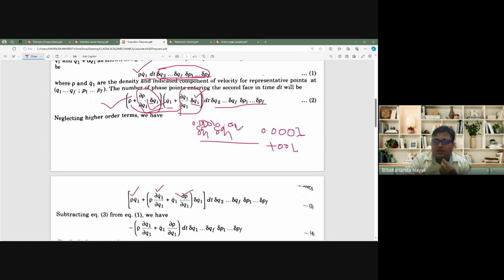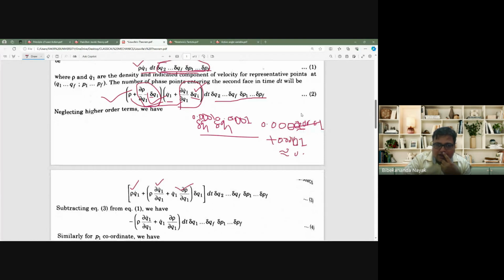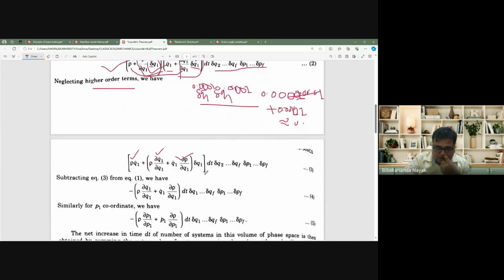It is nearly equal to the other term, so it can be neglected. So I can neglect the fourth term. Neglecting higher order terms means the power of delta q1 squared is neglected.